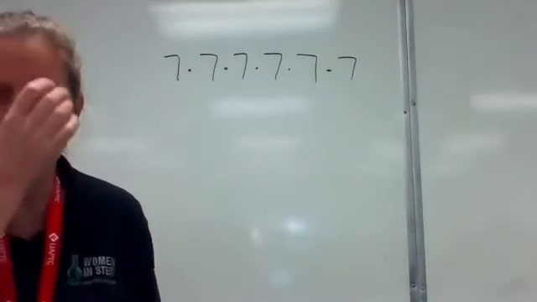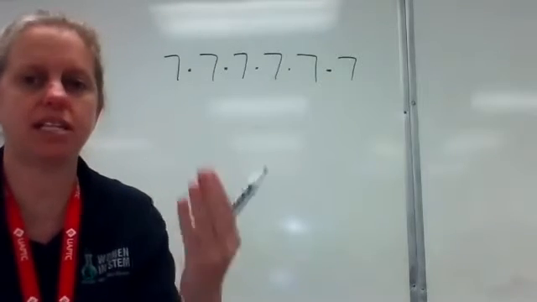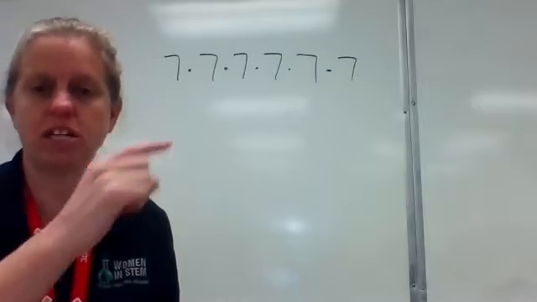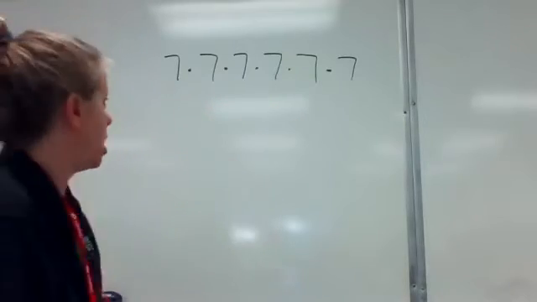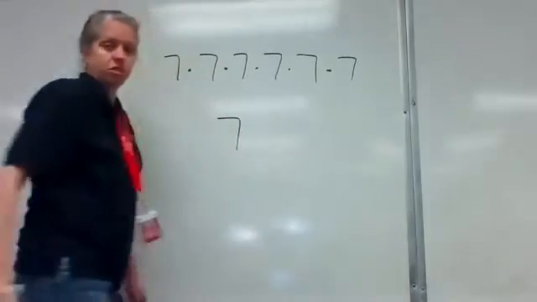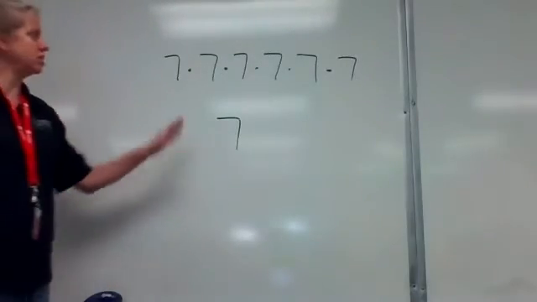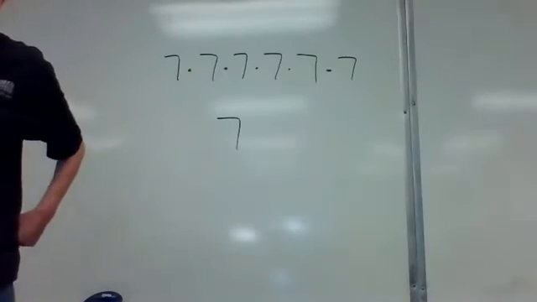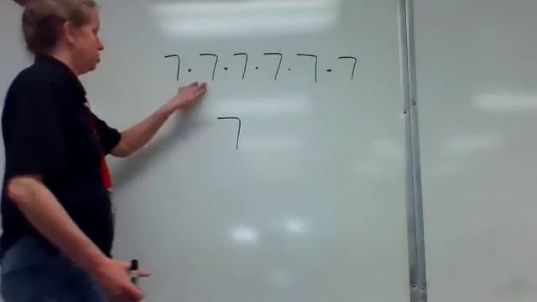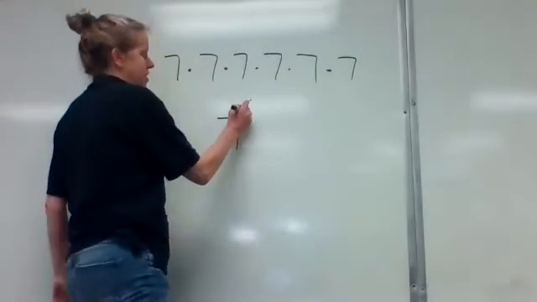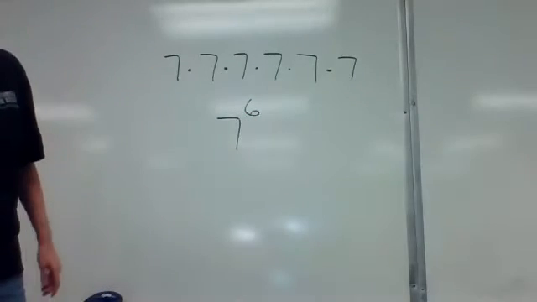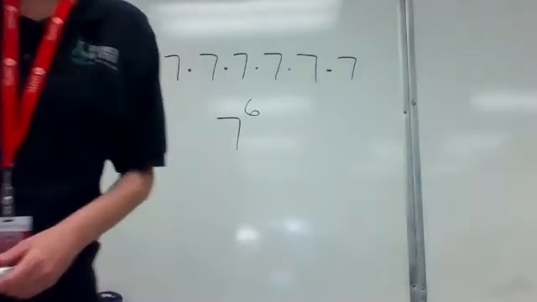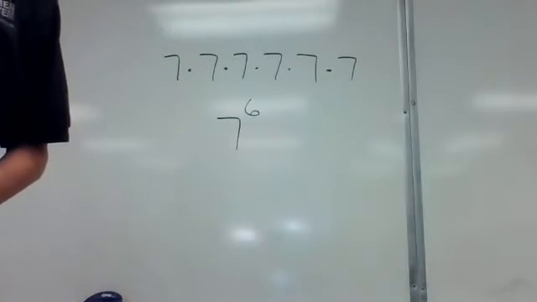The first thing you're going to do is ask yourself, how many times is that 7 being multiplied together? The base is the number that is multiplied over and over, which is the 7. The exponent is however many times you're multiplying that 7 together. So you just count 1, 2, 3, 4, 5, 6. That would be like saying 7 to the 6th power. Okay, and it wants you to leave it just like that.